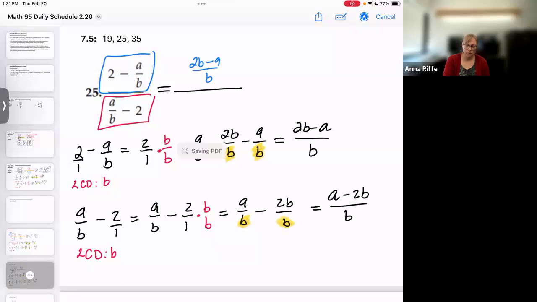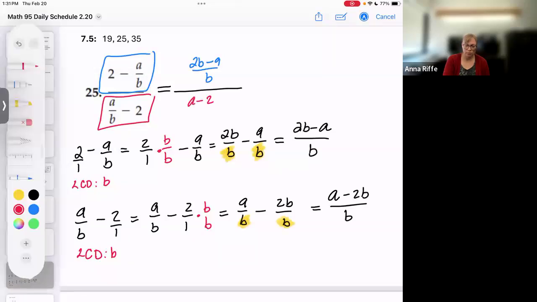I've got a minus 2b over b, which I can now rewrite as multiplication. 2b, let me keep the blue color here. 2b minus a over b times the flipped fraction b over a minus 2b.